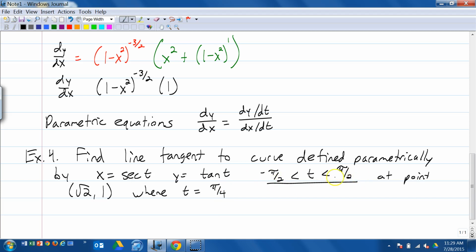This part is just the part of the curve, so we're not actually going to run the thing through that. Alright, so let's do that.